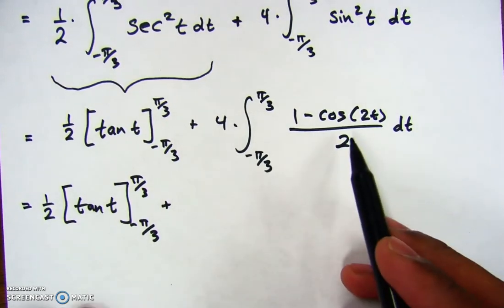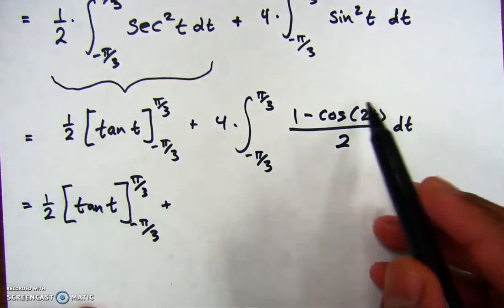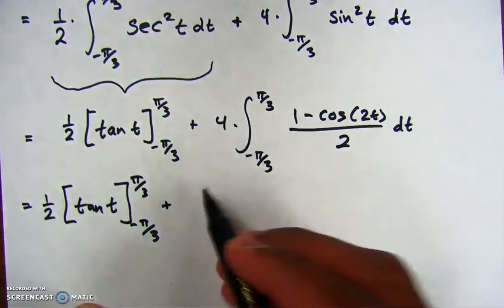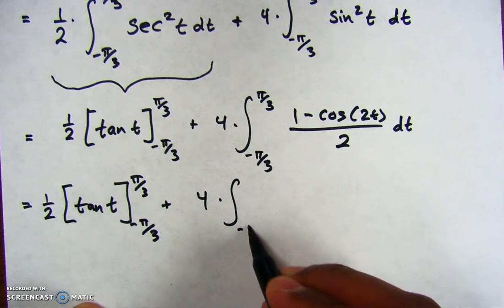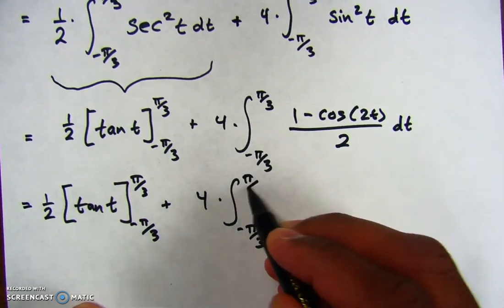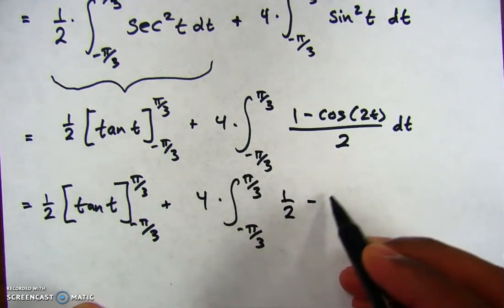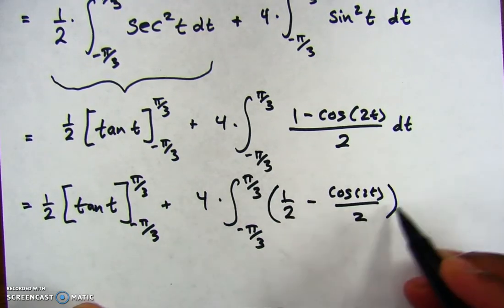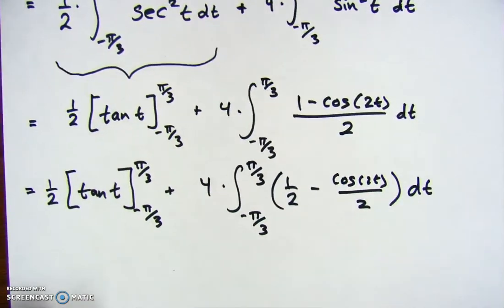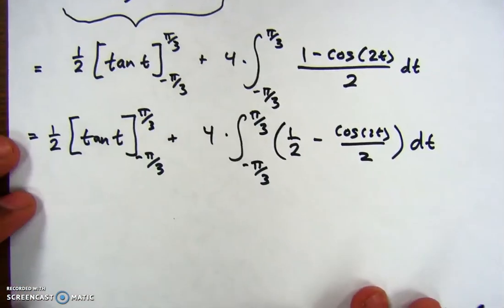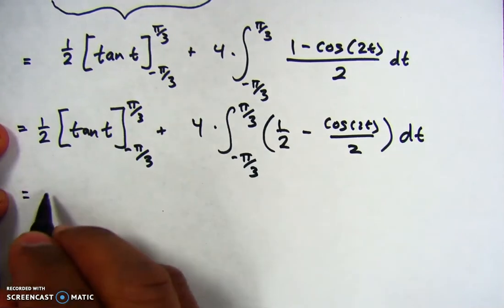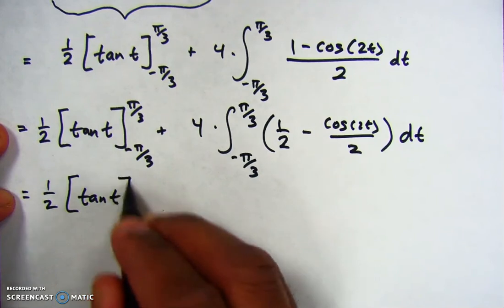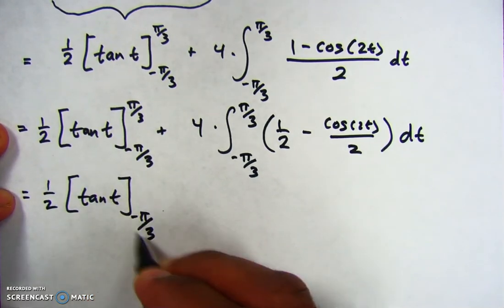Now, before I do any u substitution, I'm going to break this to 1/2 minus cosine of 2t over 2. So 4 times the integral from -pi/3 to pi/3 of (1/2 minus cosine of 2t over 2) dt. And again, I'm just going to keep carrying this over.